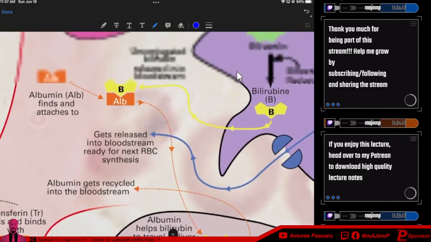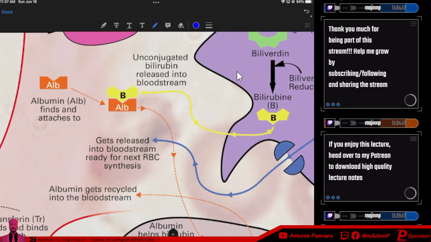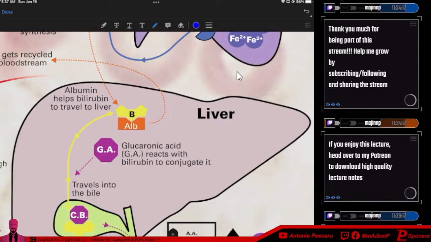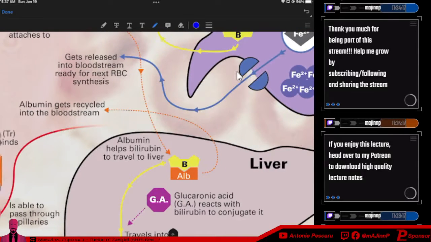And what it does is it binds onto the albumin, because it can't transport itself, so it needs help from a transport protein. The transport protein brings it into the liver, where it unbinds from it, and the albumin just goes back into the bloodstream, and it gets recycled, vice versa. It's not really important that much. It's just a transport protein.